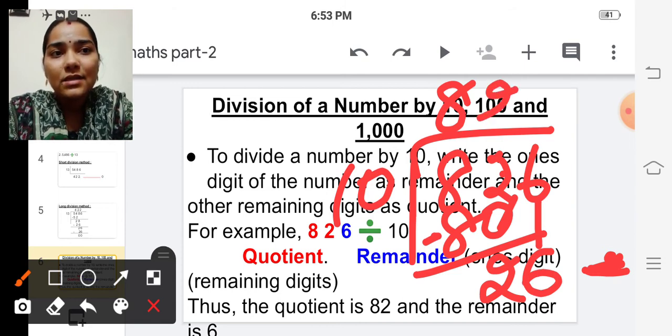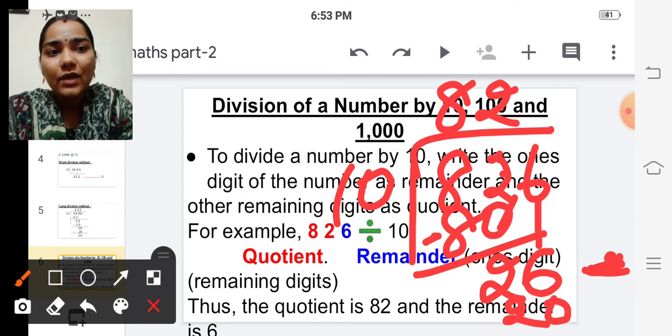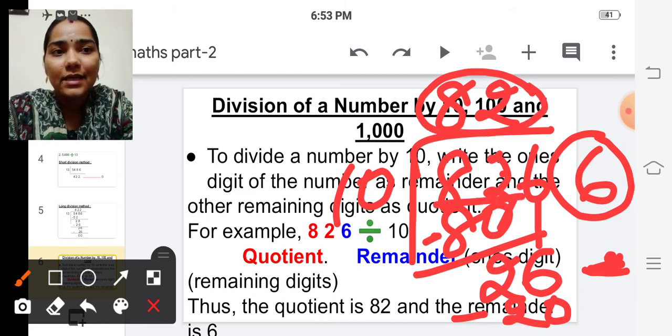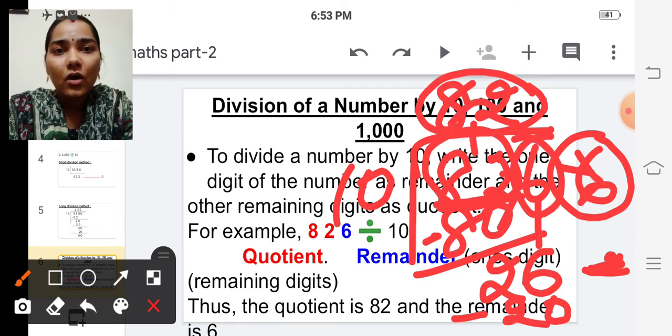So 2 tens are 20. And we subtract this 20 from 26. 6 minus 0 is 6. So the remainder is 6. And the quotient is 82, isn't it? Here 82. The ones digit is the remainder and the remaining digits are the quotient.